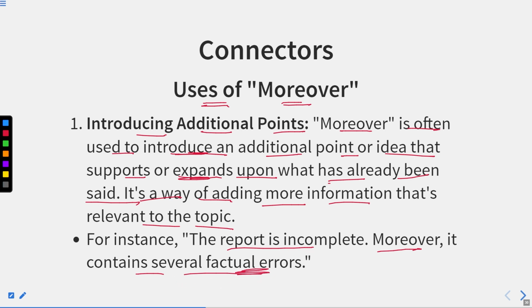This is very relevant because obviously the report is incomplete, but it also needs to be rectified. Therefore, moreover is emphasizing the point that it contains several factual errors. It means it not only needs to be completed, but also to be rectified.